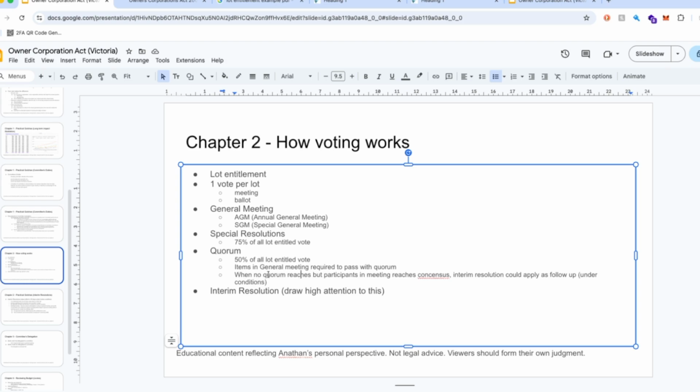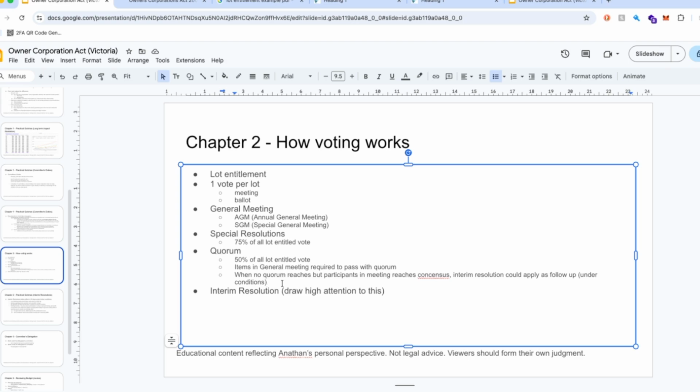Now, keep in mind, you can think of this as the perfect scenario. The reality is that if you have a really large OC, in practicality it's very unlikely all the lot entitlement owners will participate. And again, this goes back to the first chapter I talked about.